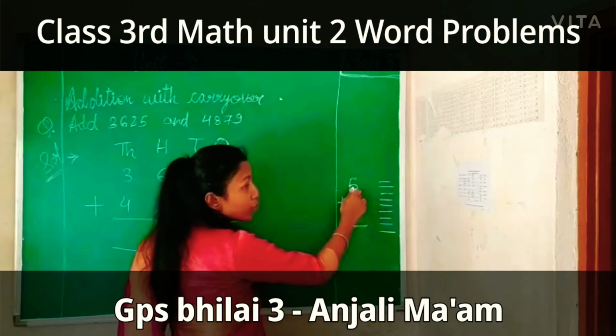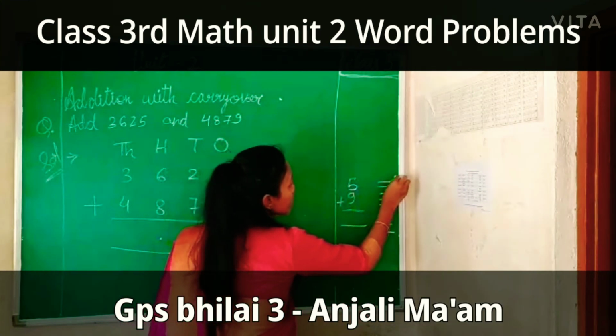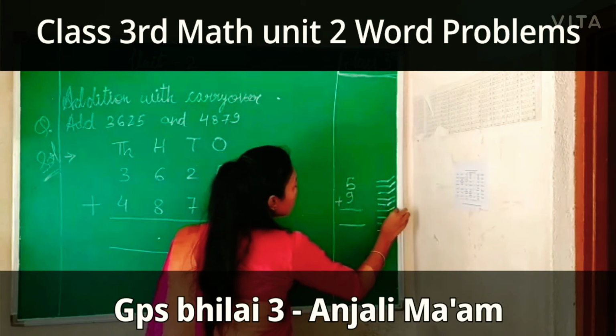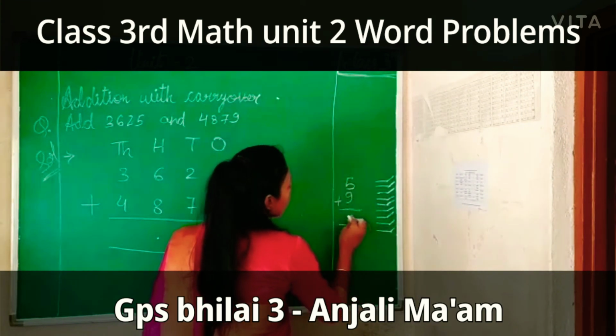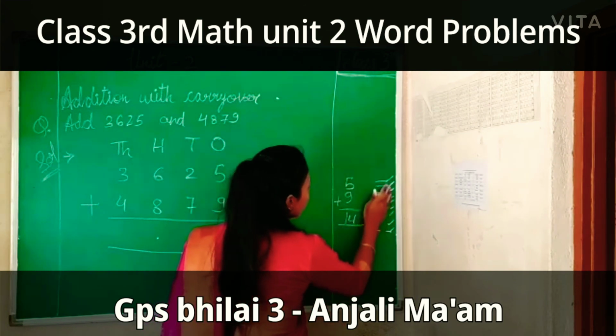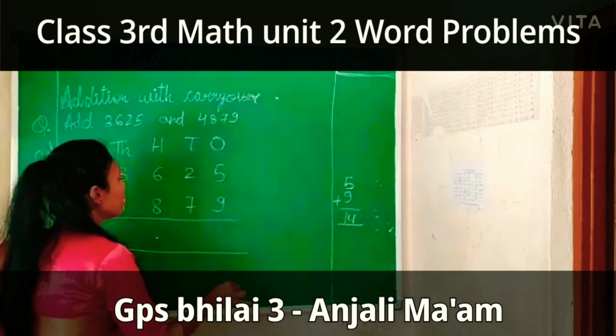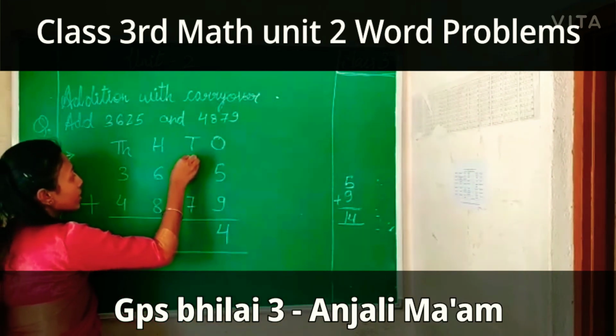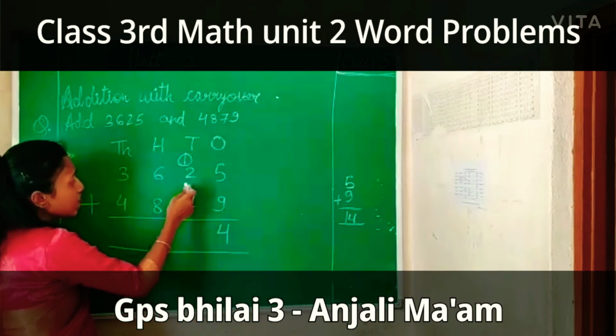Now count from 5: 6, 7, 8, 9, 10, 11, 12, 13, 14. So 5 plus 9 is equal to 14. Here we get the 4 and the 1 goes on carry.